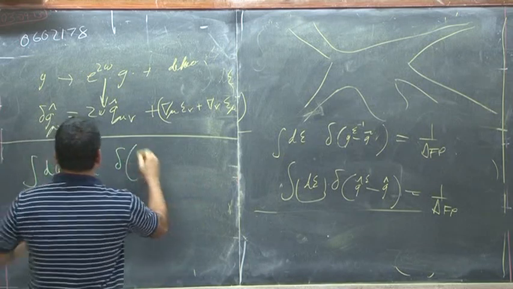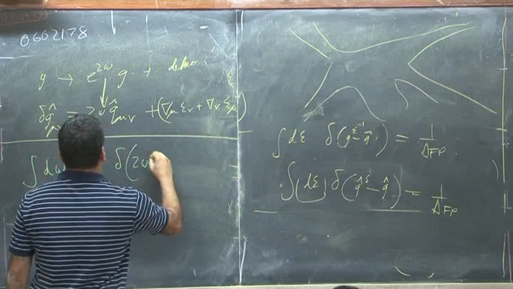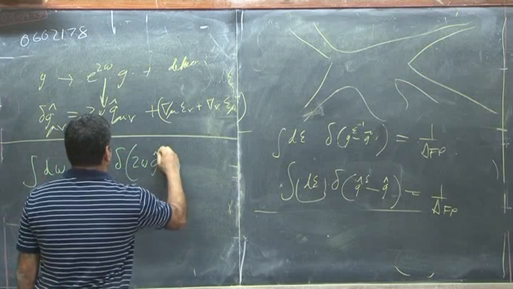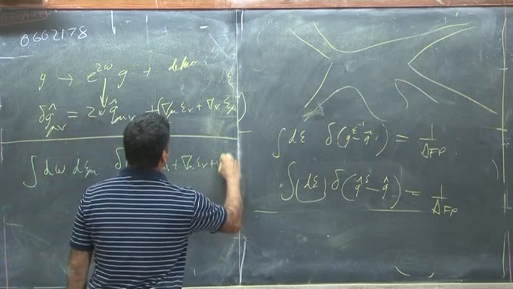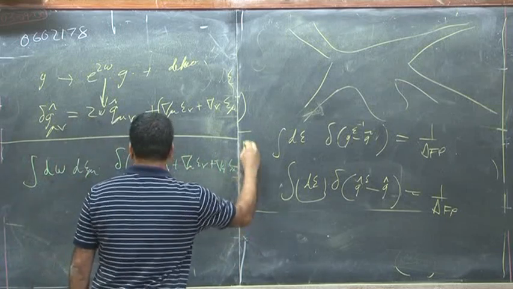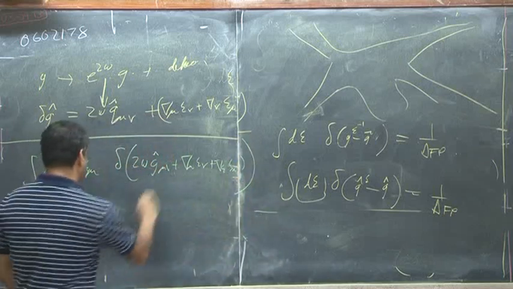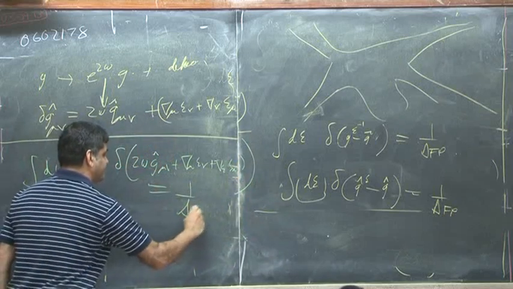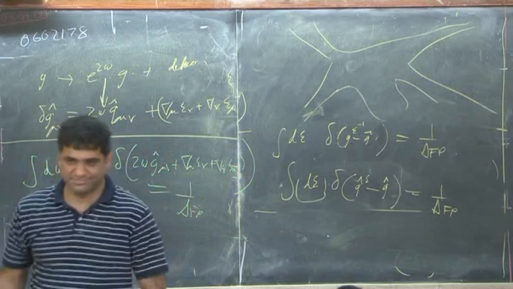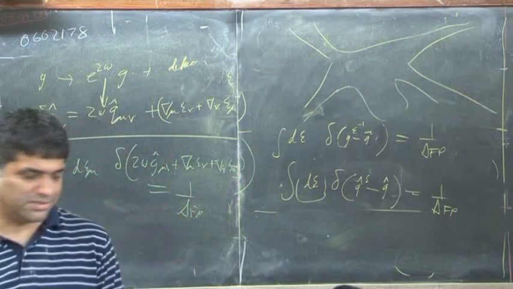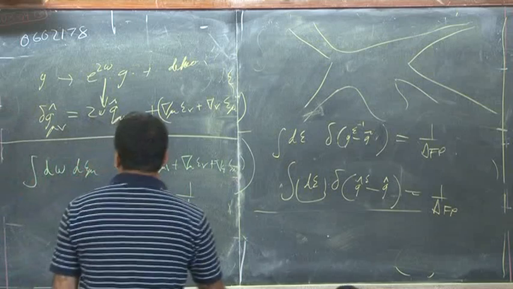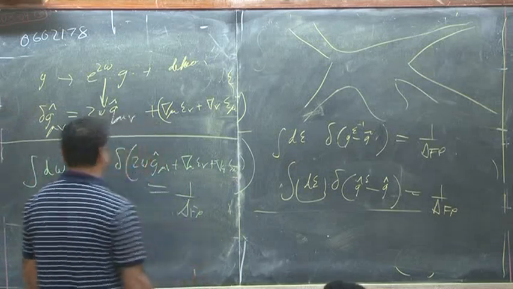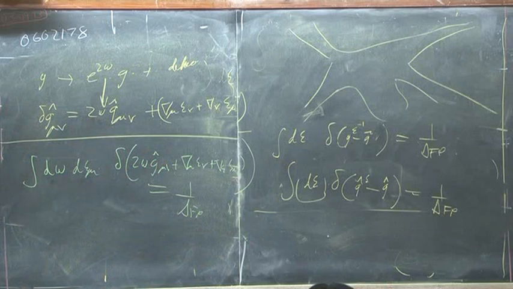Times delta of 2 omega g hat mu nu plus del mu zeta nu plus del nu zeta mu. This thing is equal to 1 over Delta FP. Oh, sorry, that's the infinitesimal version. Okay. Yes.